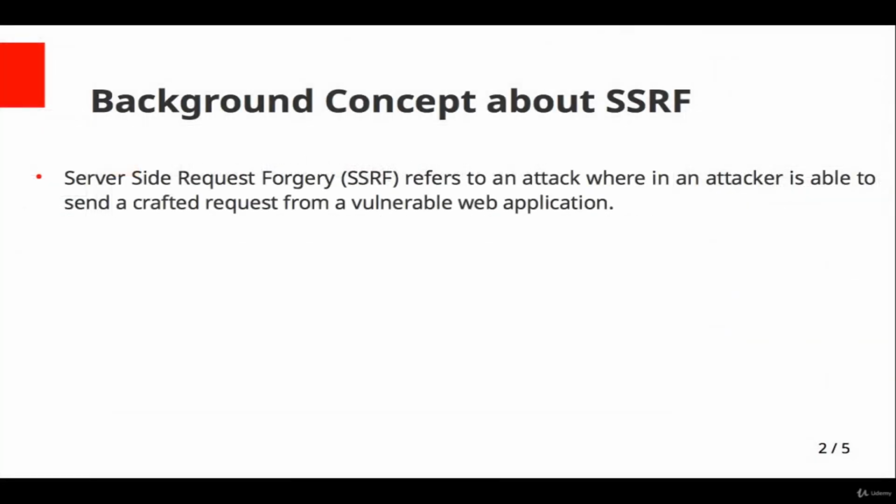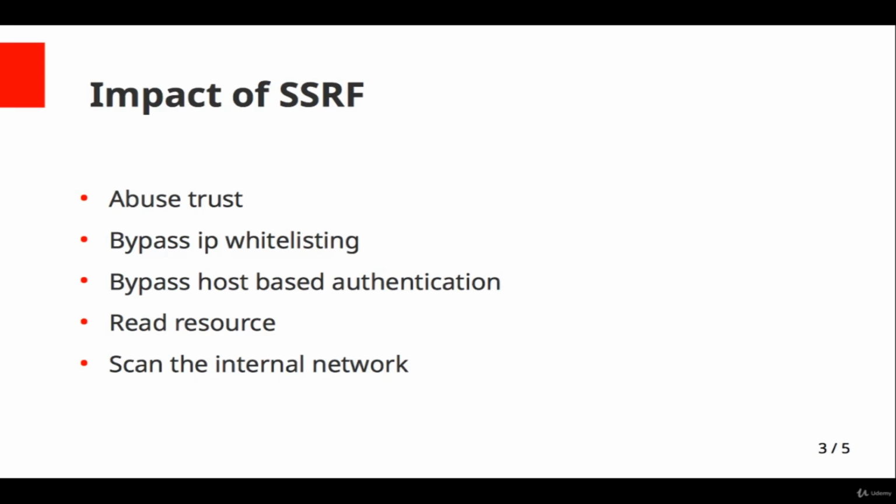Now let's talk about the impact of SSRF. What can an attacker achieve by this vulnerability? The first is abuse of trust: abusing the trust relationship between the vulnerable server and others.